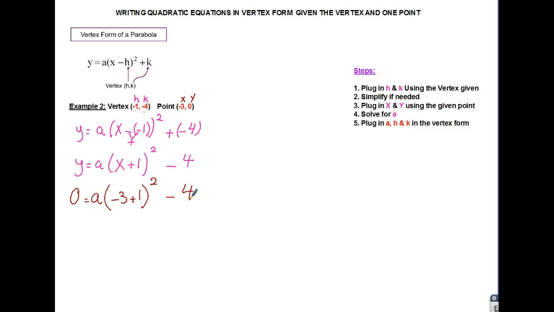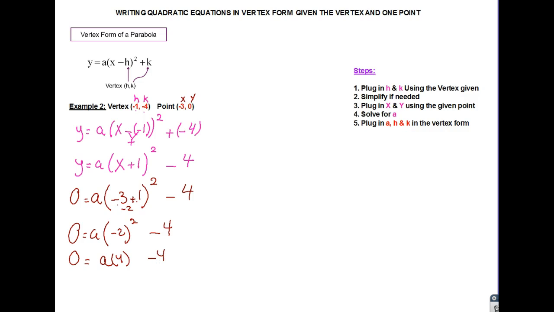Now let's solve for a. -3 plus 1 is -2. So 0 equals a times (-2) squared minus 4. -2 times -2 is 4. So 0 equals a times 4 minus 4.